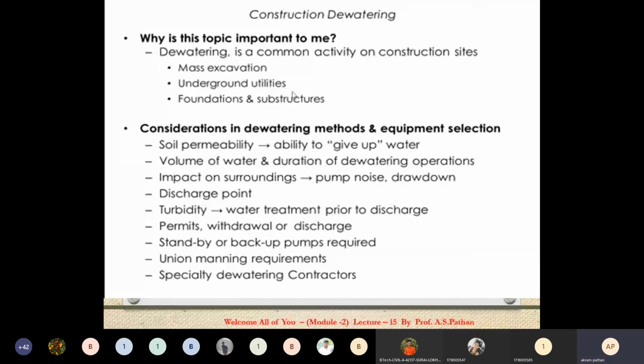And for foundations and substructures, various types of structures, for example powerhouses, multi-storied buildings and many other civil engineering projects, require dewatering. So this is the case where we generally want to dewater.